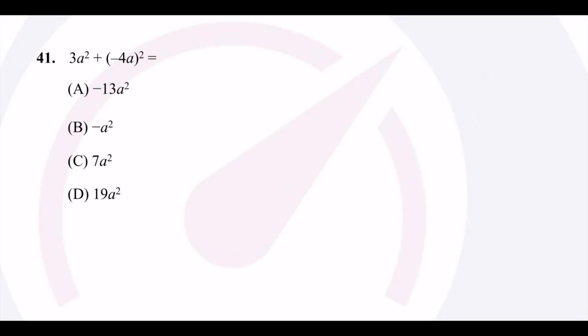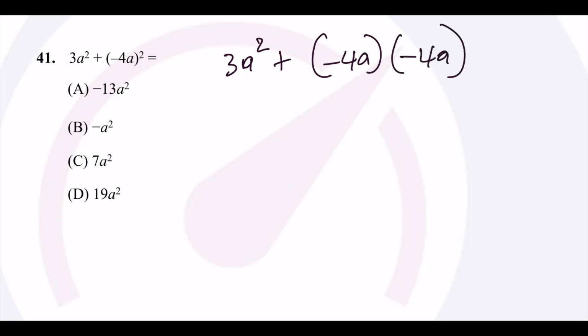Question 41. 3a squared plus negative 4a, all squared, is equal to. So first we know that 3a squared plus negative 4a multiplied by negative 4a. That's what it means.